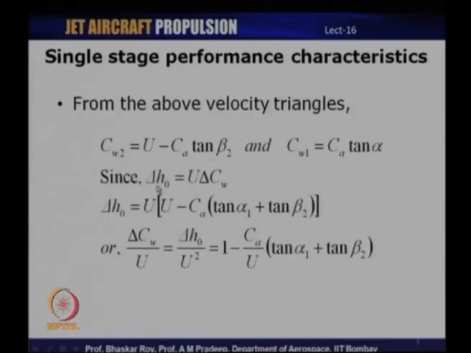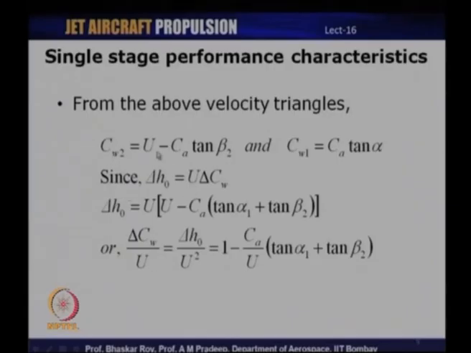Now, we also know that delta H naught, that is the specific enthalpy rise across a stage, should be equal to U times delta Cw, and delta Cw is Cw2 minus Cw1.